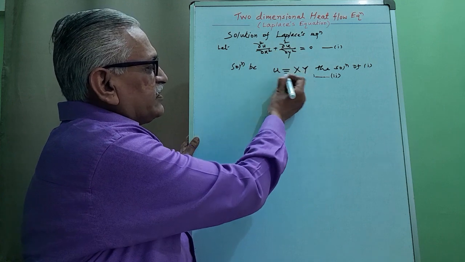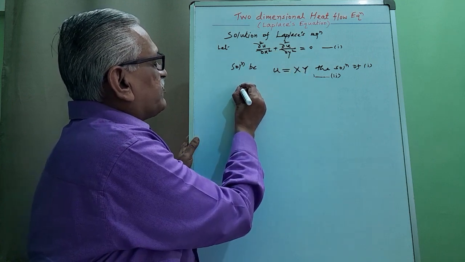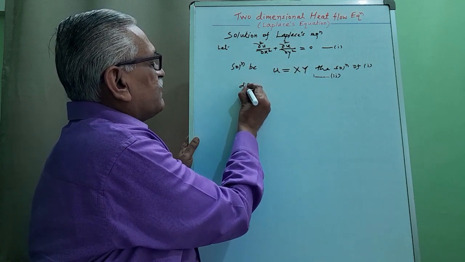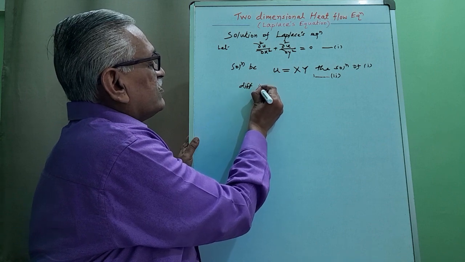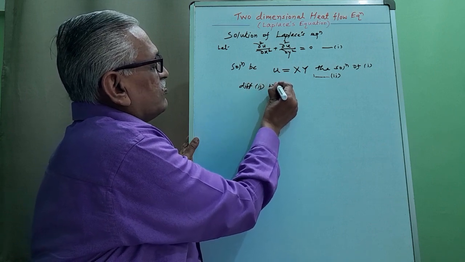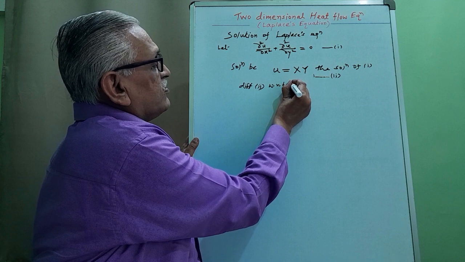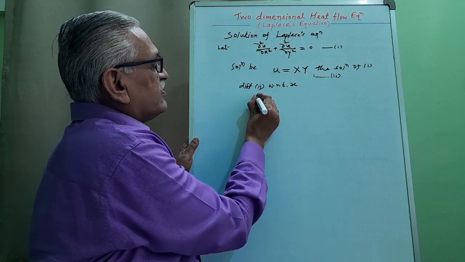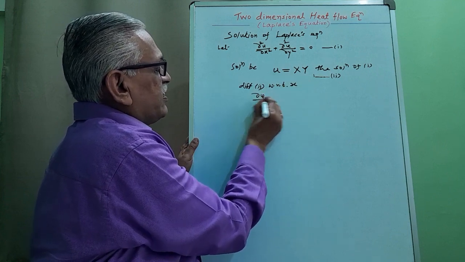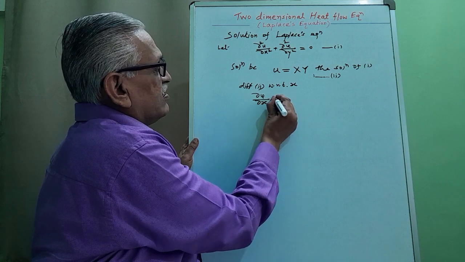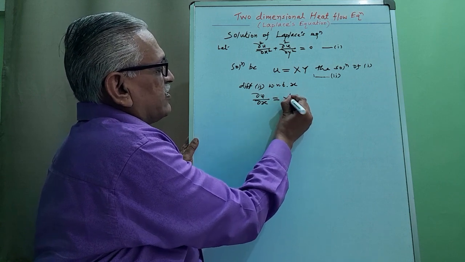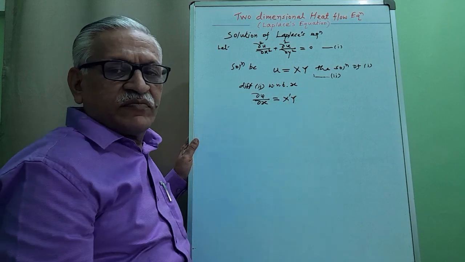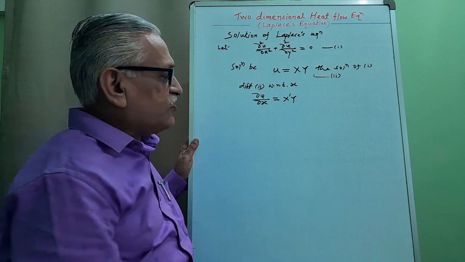Then differentiating 2 with respect to x twice, we get ∂u/∂x equals X dash into Y, keeping Y constant.